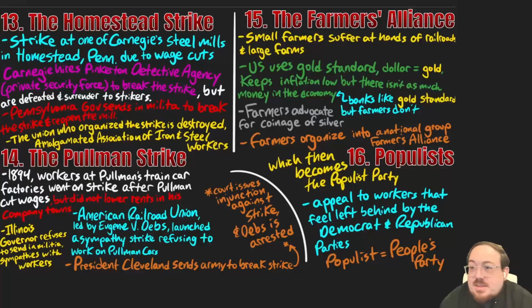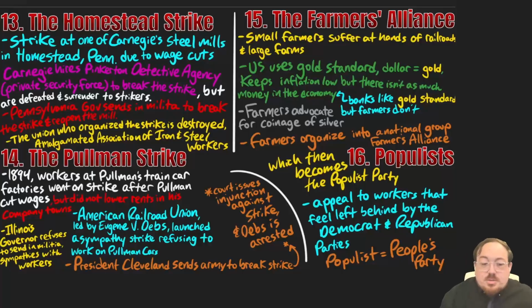But this is at first a major victory for the labor leaders, because when the Pinkertons attempt to enter Homestead, Pennsylvania by barge, they are ambushed and taken hostage and forced to surrender to the strikers. And this sort of shows that they do have power to fight back, and that it is such a shock that eventually the Pennsylvania governor will send in the militia to break the strike and reopen the mill.